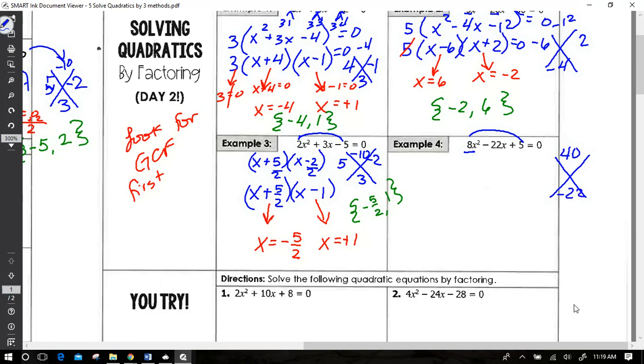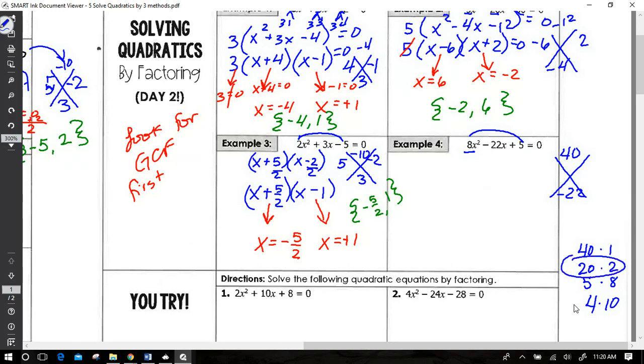All right, there's a lot of things that multiply to give you 40. So let's try 40 times 1, 20 times 2, 5 times 8, 4 times 10. Okay, which of those might be able to add together and get to a negative 22?